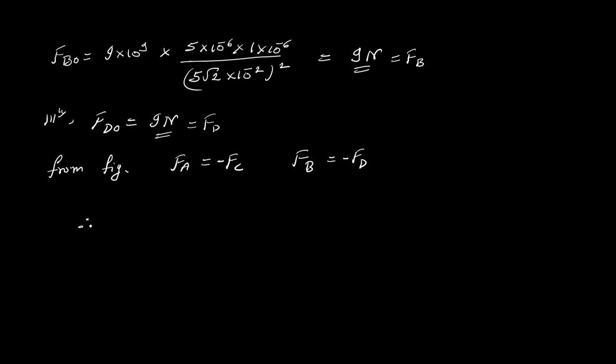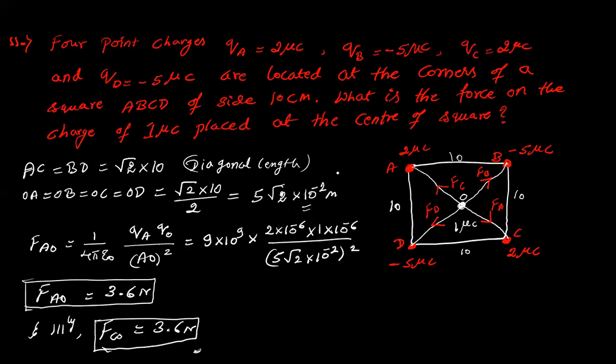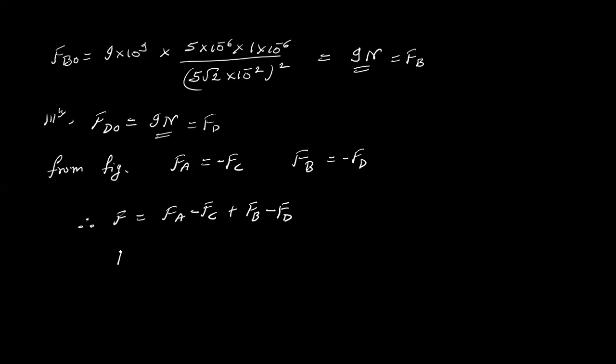Therefore, the net force F is equal to FA minus FC plus FB minus FD. Those are forces going in opposite directions, so we take them as negative. After substituting the values, it becomes 3.6 minus 3.6 plus 9 minus 9. So the net force at the center is 0.